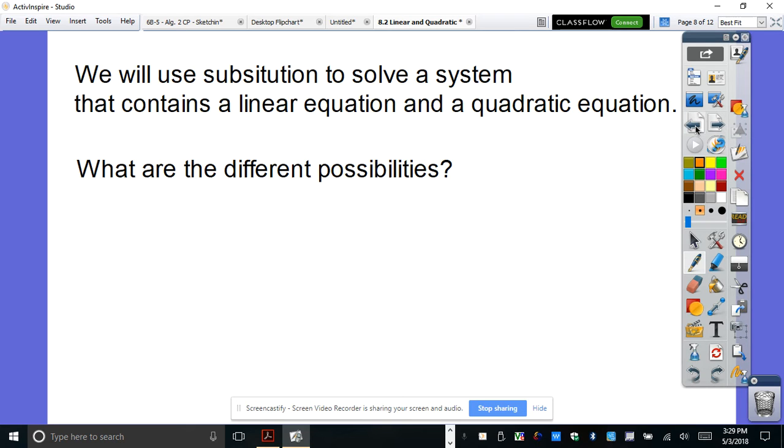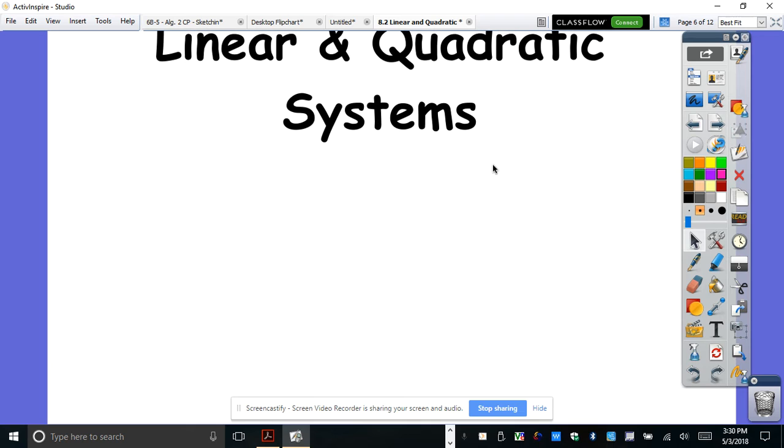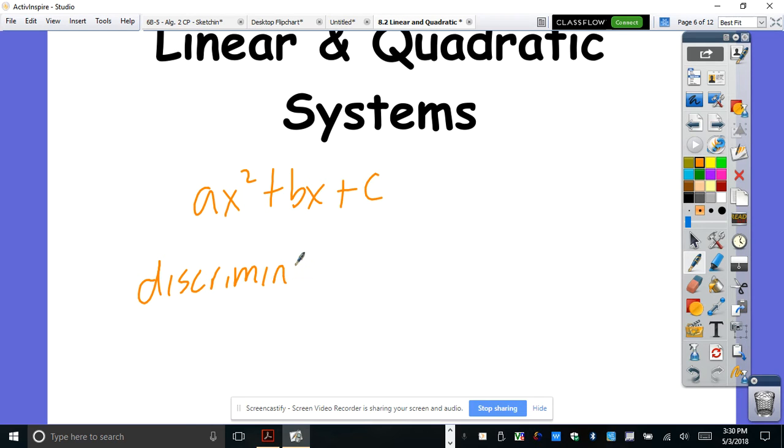So before we go there, another thing we have to learn here is the discriminant. A quadratic equation will have ax squared plus bx plus c. The formula for the discriminant is b squared minus 4ac.